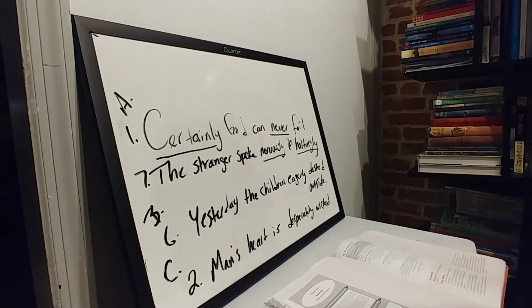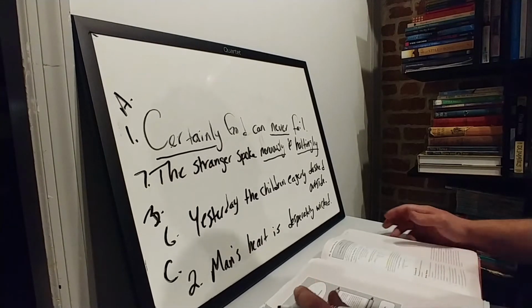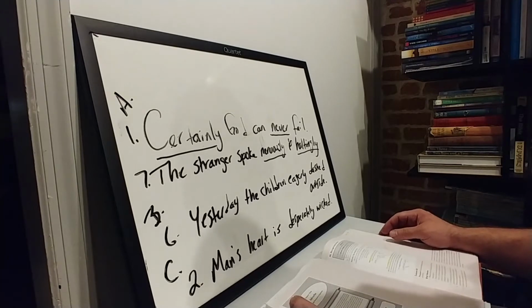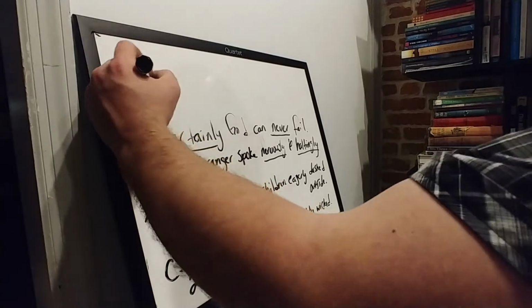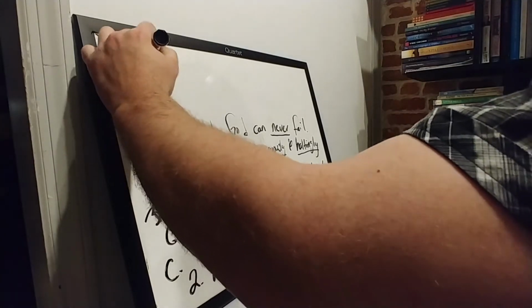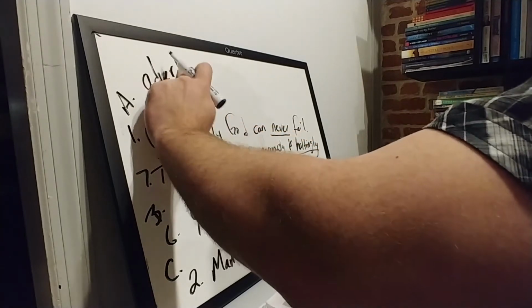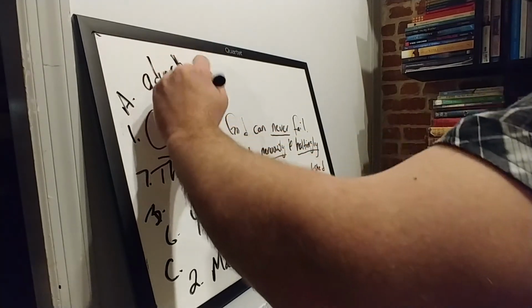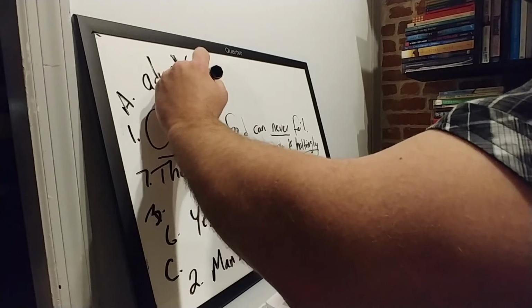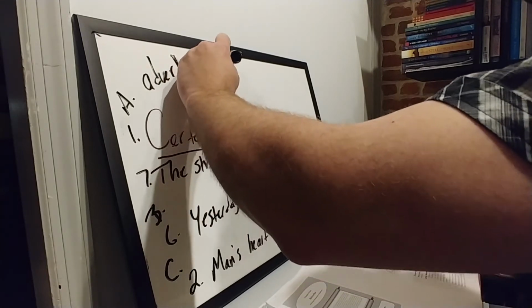All right, lesson 92, recognizing adverbs. Adverbs are words that usually modify a verb, but they can also modify some other things as well.